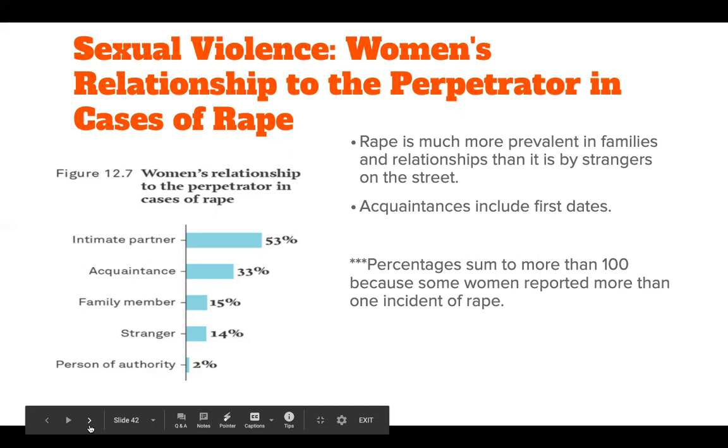All of those categories of people are more likely to be the perpetrator in a case of rape than a stranger. You know, we're raised to be scared of the stranger in the bushes, and it's not that you shouldn't be scared of the stranger in the bushes, but the reality is you also have to be scared or at least wary of so many other people.